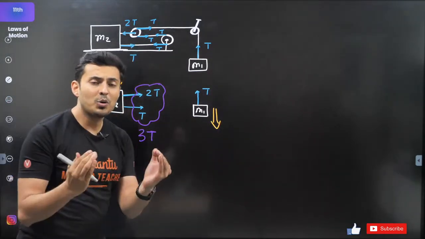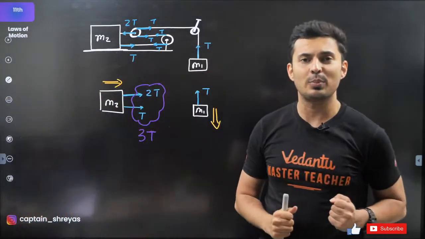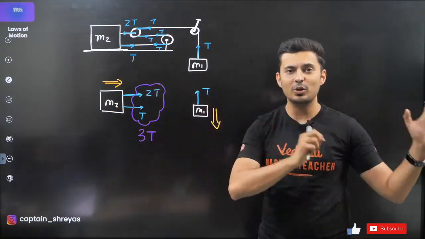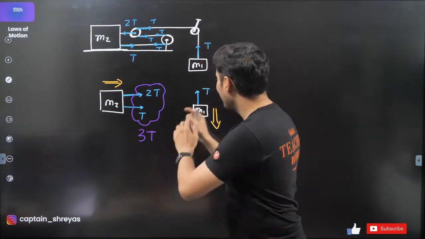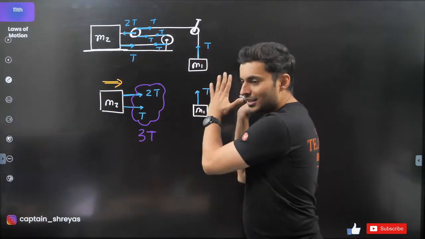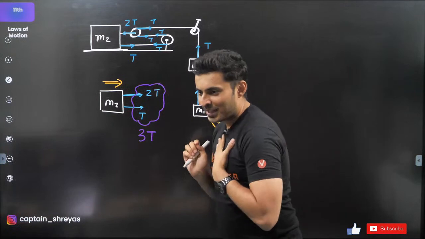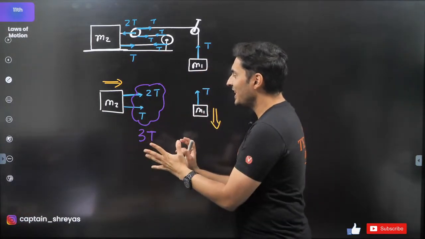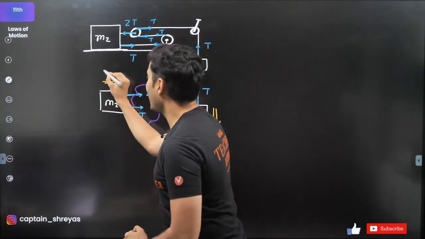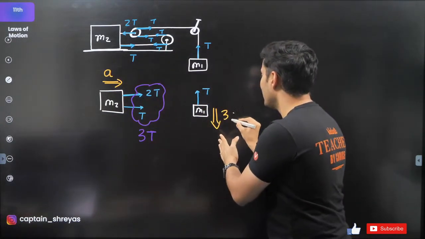Think, how do you find the accelerations relationship? If the tensions are T, 2T, accelerations are 2A, A. So if the tensions are T, 3T, then what will happen? If this is T and this is 3T, this will be A and this will be 3A.